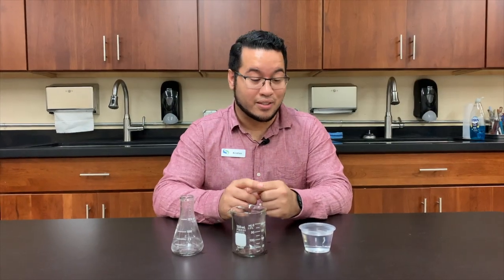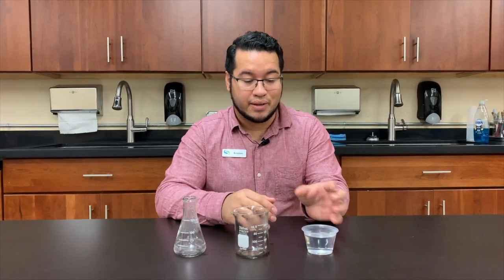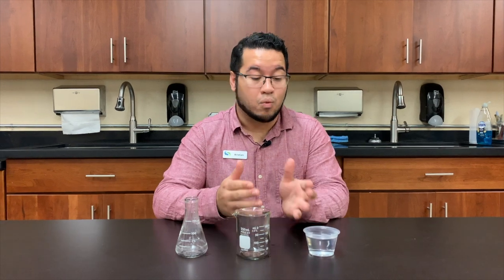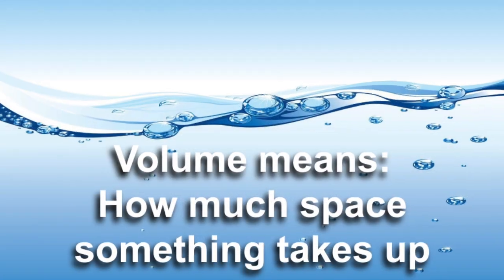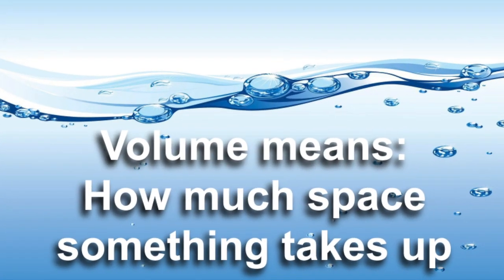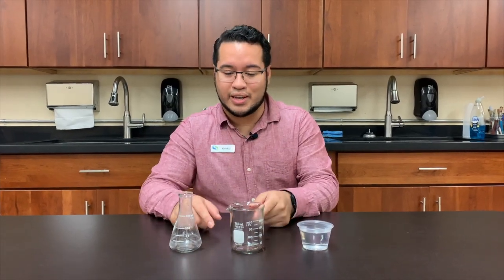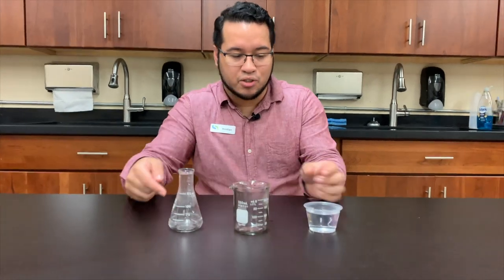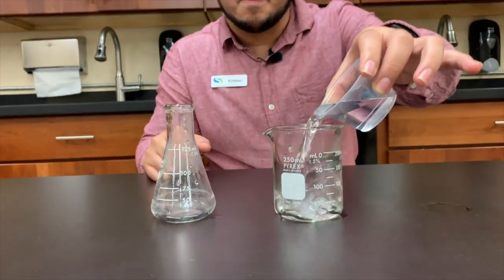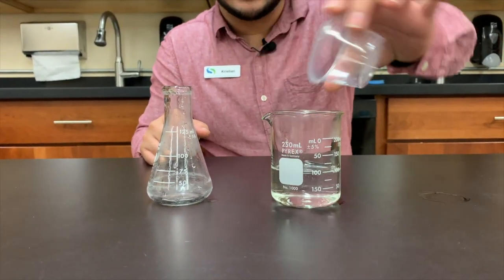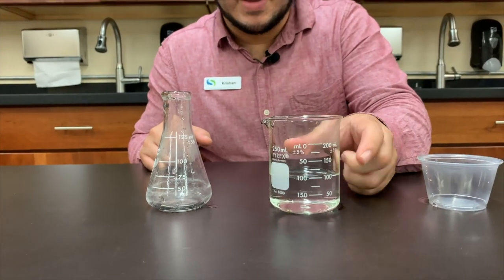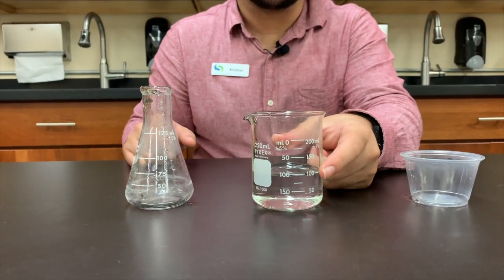Now, another important thing to think about when you're talking about liquids is that even if we're changing the shape, even if we're moving it from container to container, the water is going to remain the same when we're talking about volume, or how much water is there. We can see that really clearly with these two containers. Those containers have measurements on them. So we'll take our water, we'll pour it back into our beaker here, and you can see that we have about 100 milliliters of water.